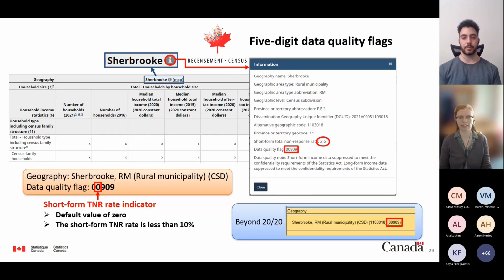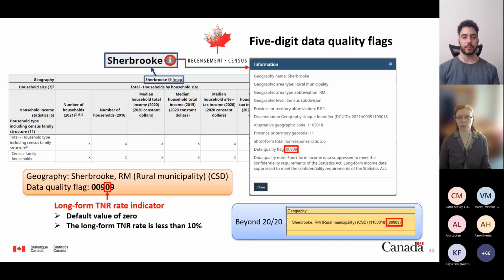You can see in the information box that the short form TNR rate for this area is 2.6%. You don't need to rely on the data quality flag for information about TNR rates because the rates themselves are also published. But for some applications, it can be helpful to have the information about data quality summarized in a code.